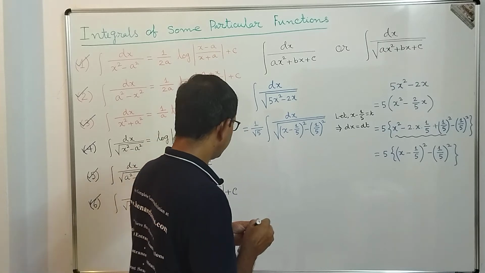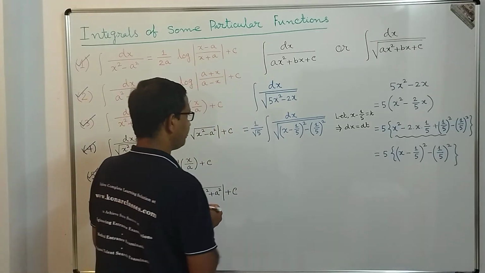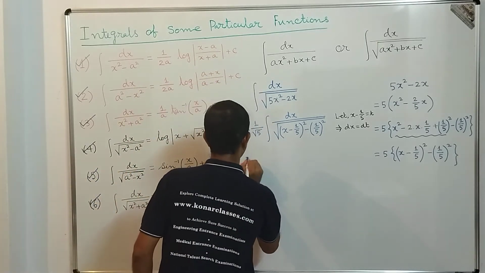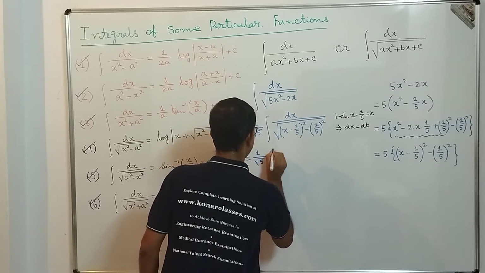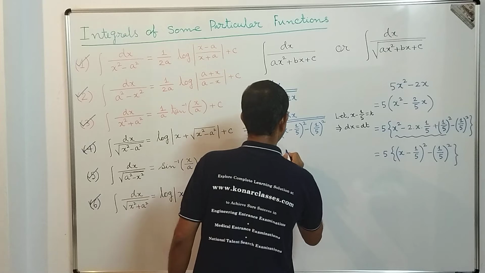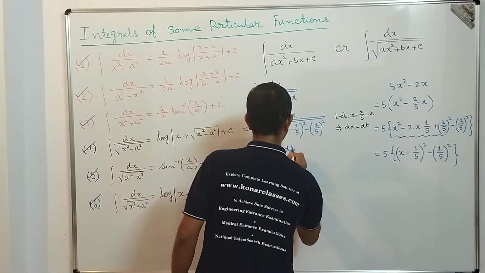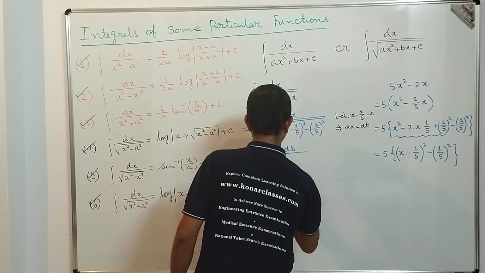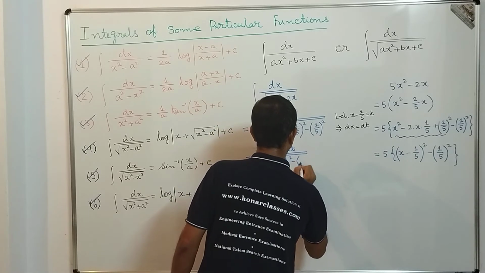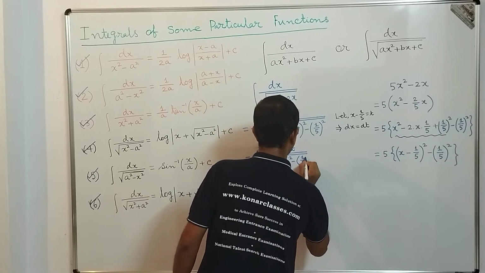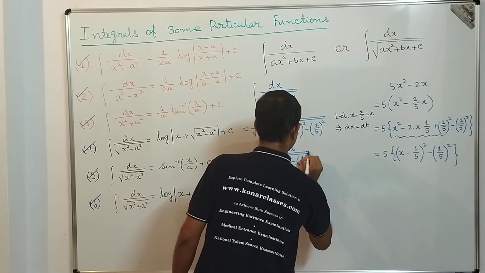Then if we apply this value here, we get 1 by square root of 5 into integration of dt by square root of t square minus 1 by 5 complete whole square.